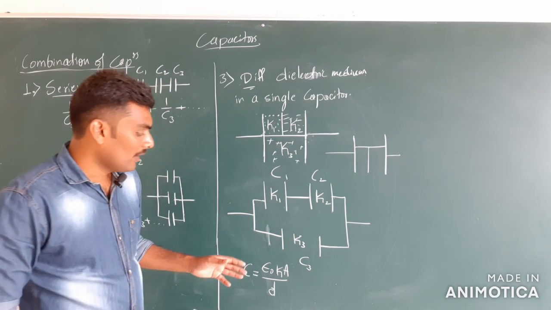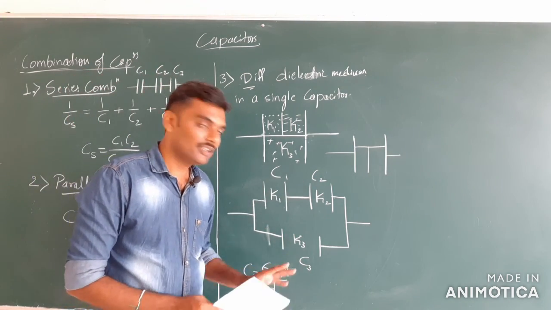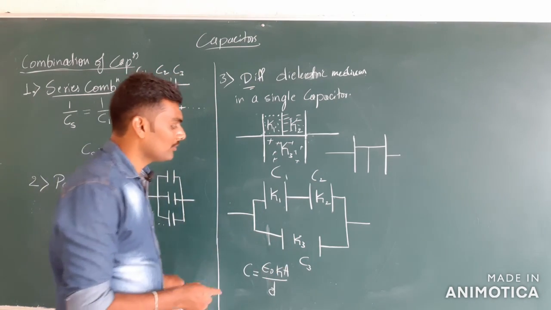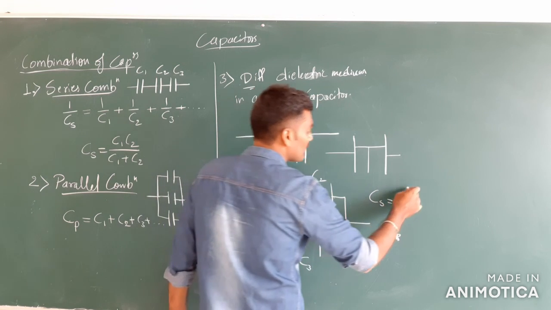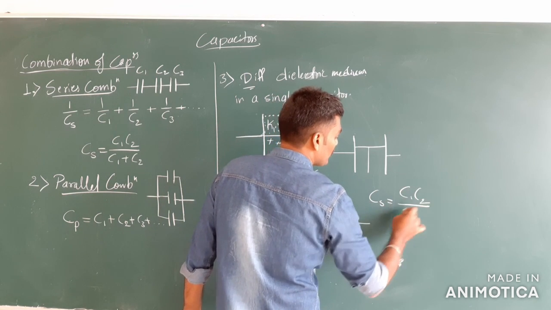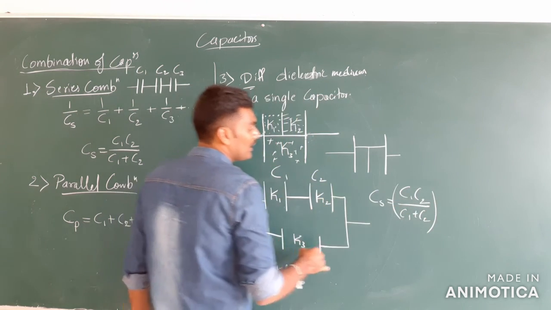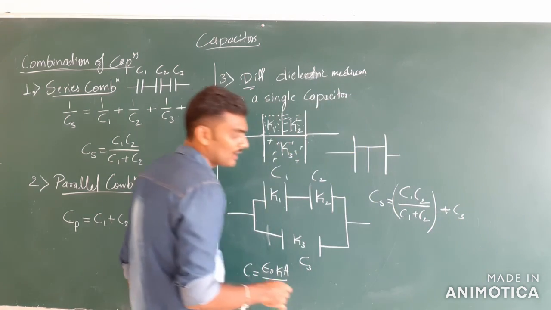Okay? And what I suggest is you get C1, C2, C3, the combination first. Like CS for this is C1 C2 by C1 plus C2, because C1, C2 are in series, plus C3.